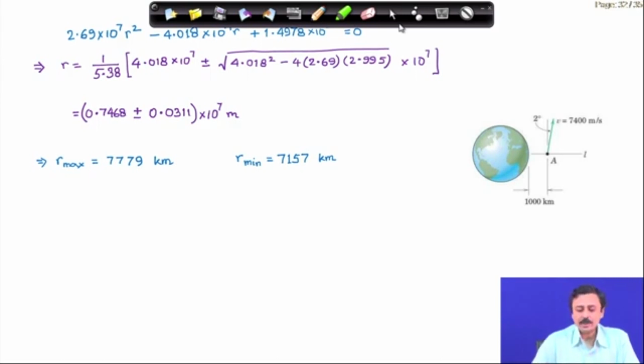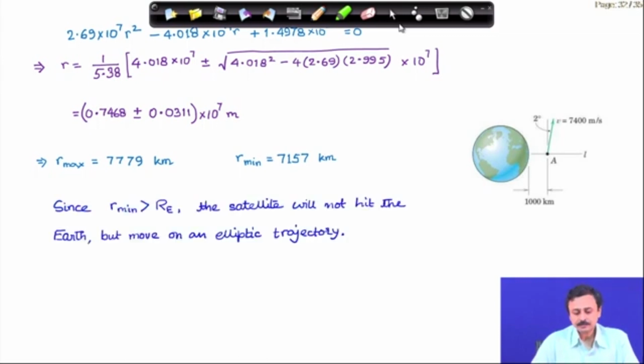You see, this R min is 7157 kilometer, which is larger than the radius of the earth. Therefore, this is the smallest distance from the center of the earth. So, R min is greater than the radius of the earth, therefore, the satellite is not going to hit the earth, but keep moving on the elliptic trajectory.